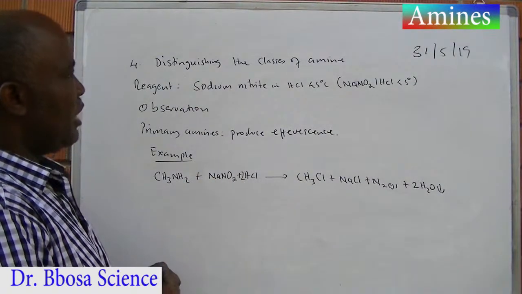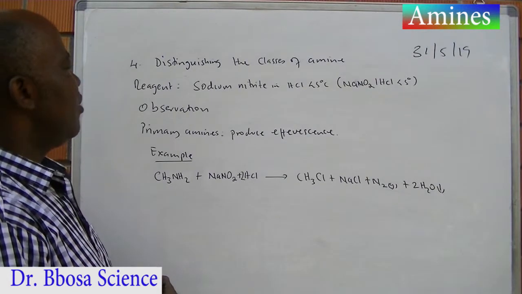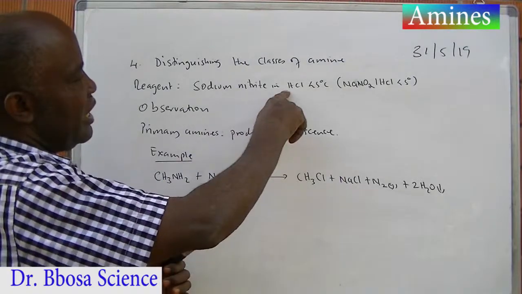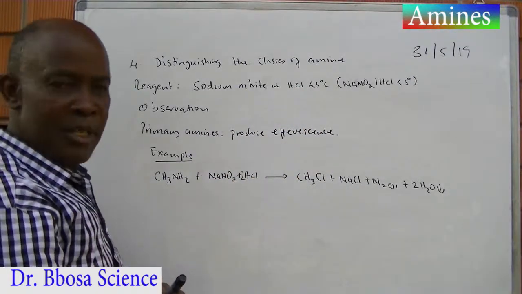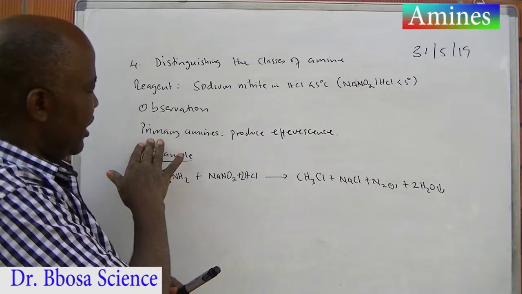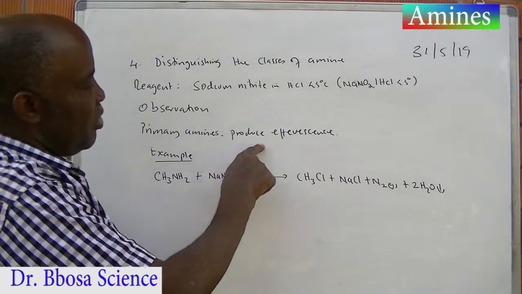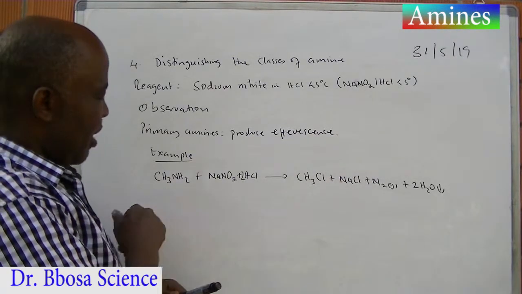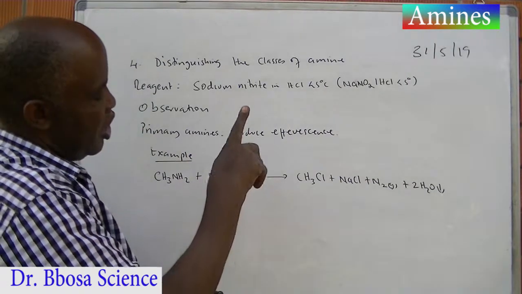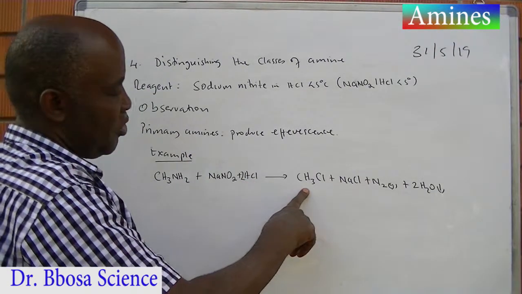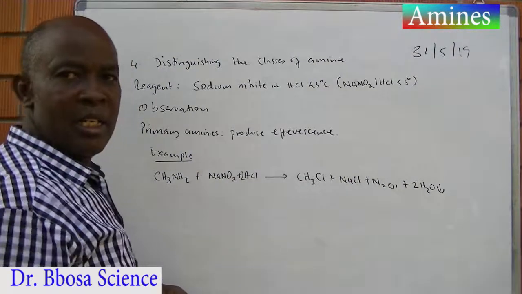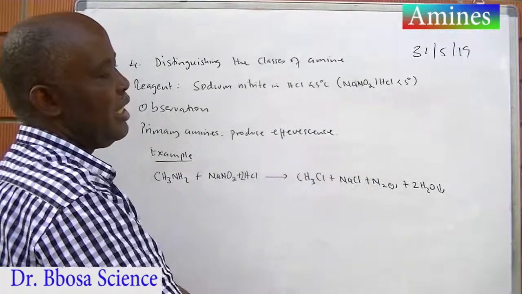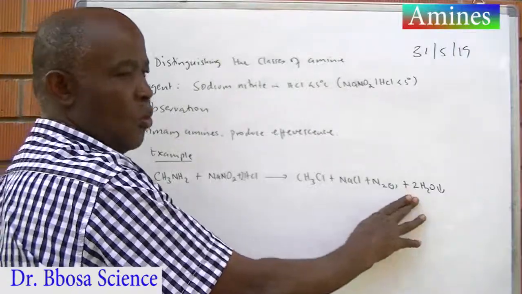4. Distinguishing between classes of amines. The reagent is sodium nitrite in HCl at a temperature less than 5 degrees. The observation is that primary amines produce effervescence. For example, methylamine plus sodium nitrite plus HCl will give us methyl chloride plus sodium chloride plus nitrogen gas, which produces effervescence, plus water.